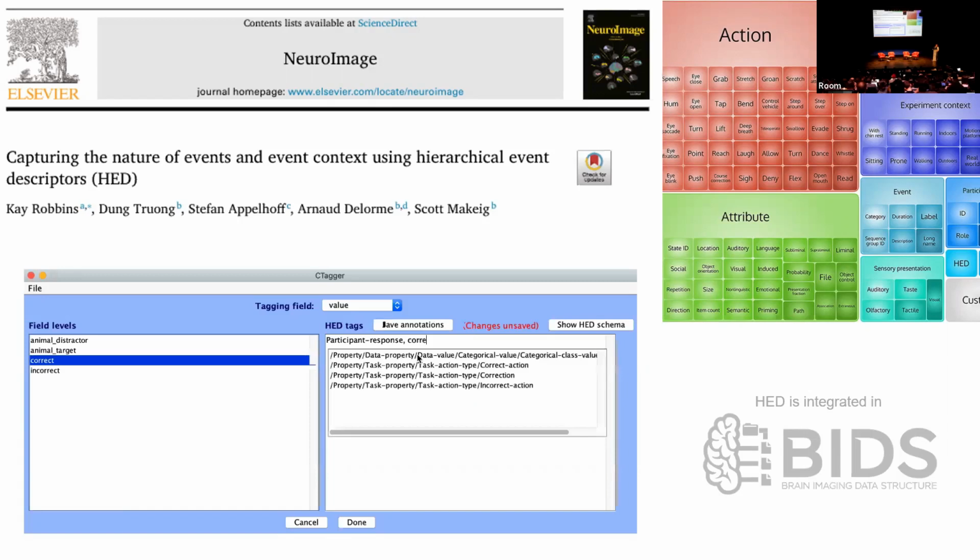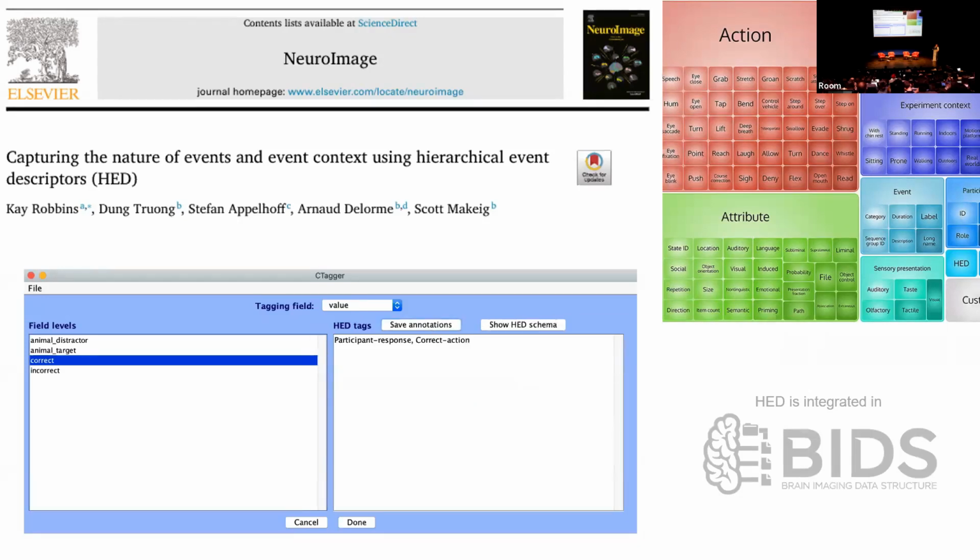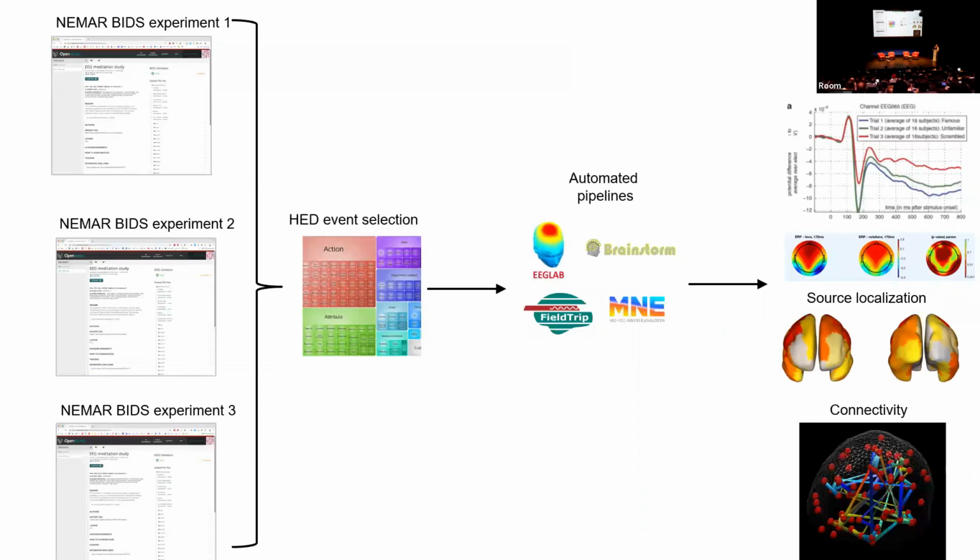For example, you have one universal word for, I don't know, sensory stimulus or something like that. So you don't need to hard code it in your code once you analyze the data, but you can write code for analyzing a bunch of different data sets.